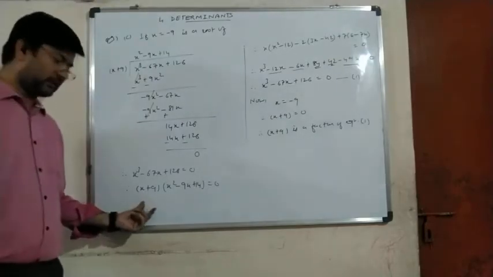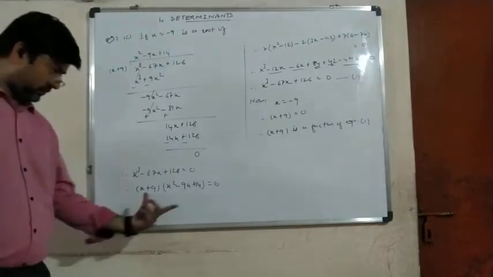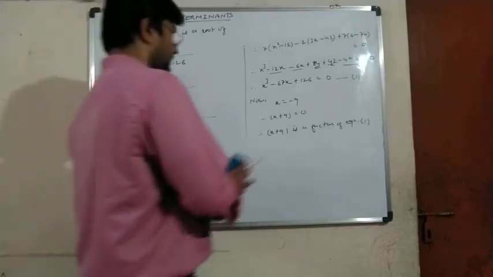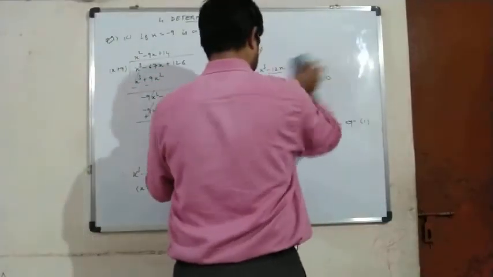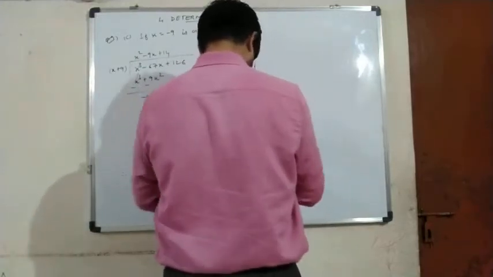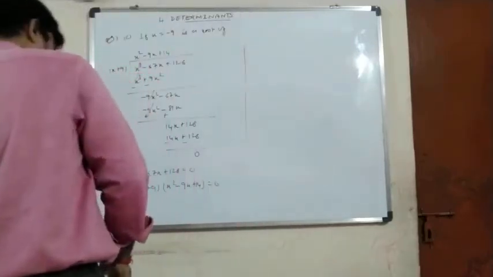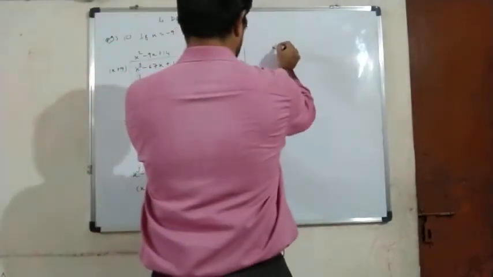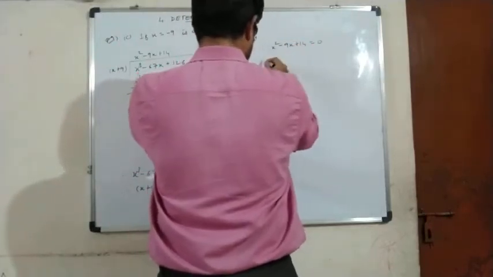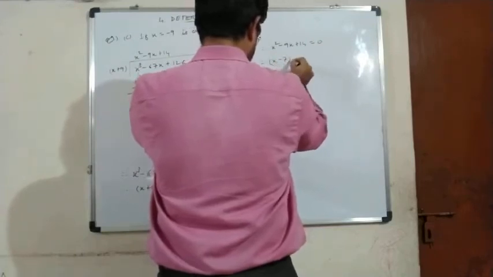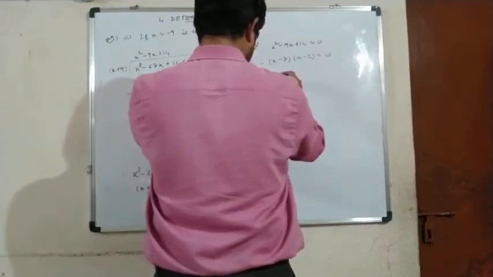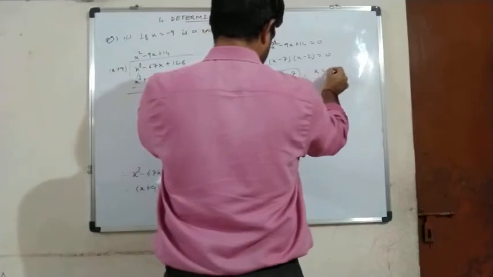Now we know that x is equal to minus 9 is already given. So now we will factorize this quadratic equation and find the two required values of x. Okay, and therefore x square minus 9x plus 14 is equal to 0, x minus 7, x minus 2 equal to 0, therefore x is equal to 7 or x is equal to 2.